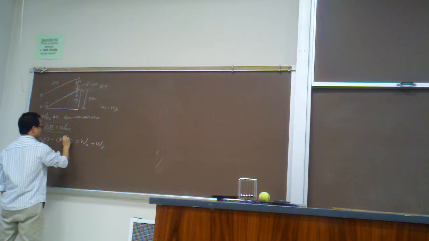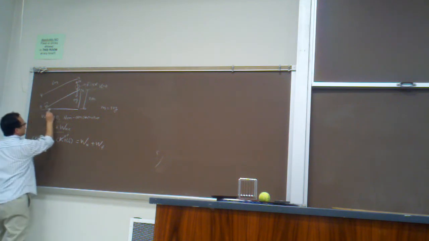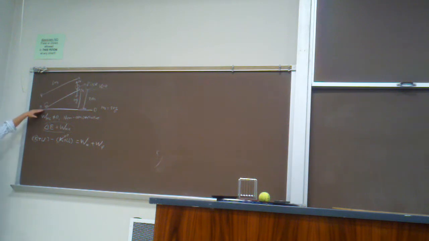So this goes away. And U final: please note that for the gravitational potential energy, you can always make either U final or U initial zero. If we choose the ground as our zero point, then the final height is zero, so the final gravitational potential energy is zero.